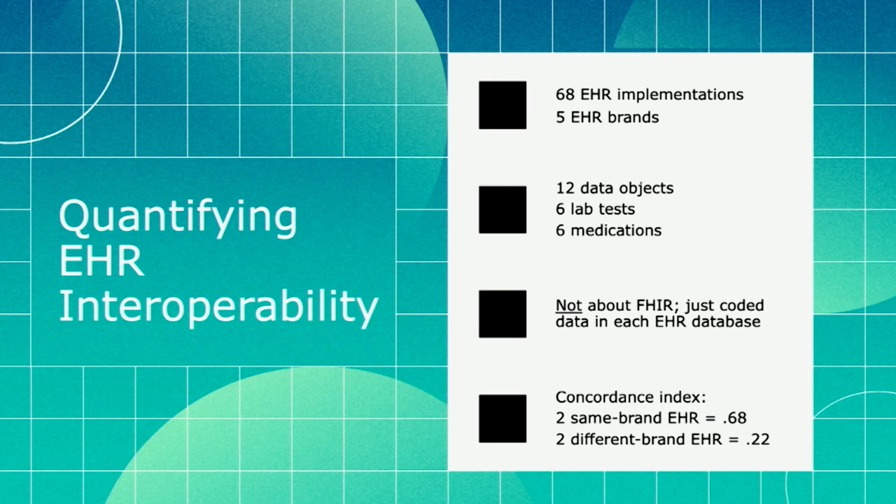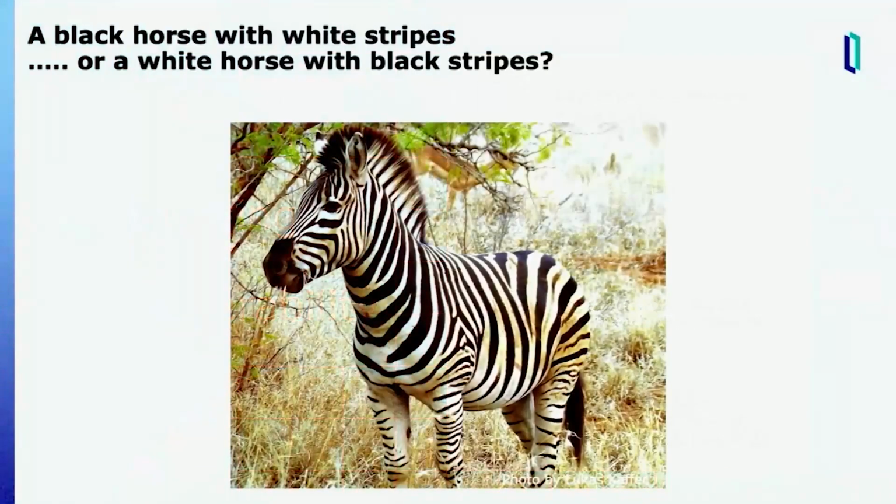If you took 2 EHRs out of these 68 that were different brands, then that index falls to 0.22. So that's how hard it is to have plug-and-play interoperability amongst different EHRs, and that's just for some common and a few pieces of data.